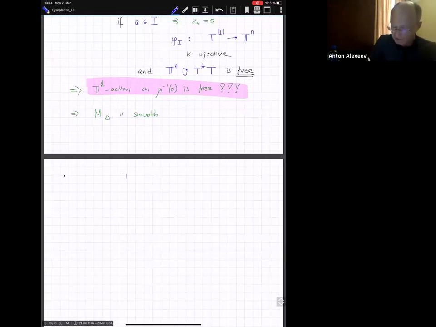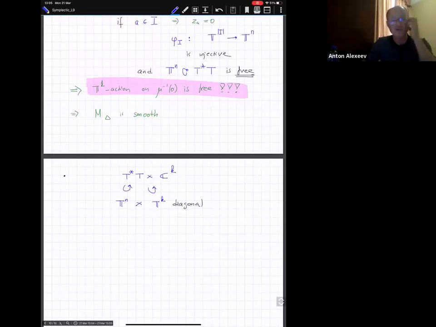Recall that T star T times C to the K has the diagonal TK action. That's the one that we were looking at. And T star T simply has its standard Tn action. But because everything is abelian, those group actions actually commute. So we have a Tn times TK action.